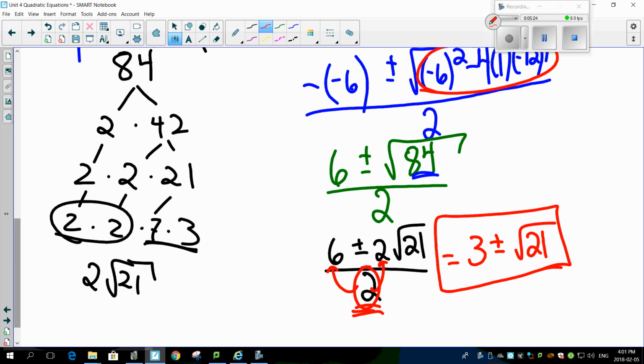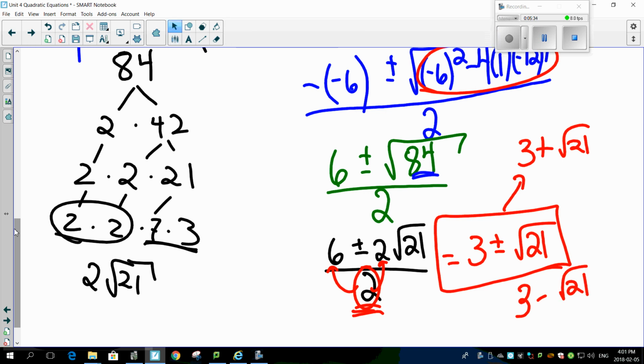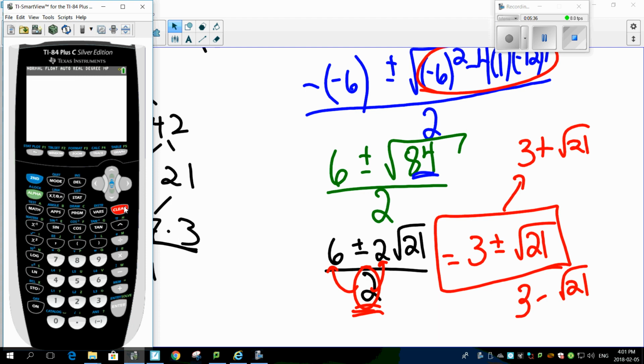That is your answer in radical form. Okay, and if you want to do the decimal form from this, that's easy. That'll be 3 plus root 21. That'll be 3 minus root 21. Let's figure out what root 21 is. I'm bringing up the calculator here. Second square root 21. That's going to give us, look at that, 4.58.